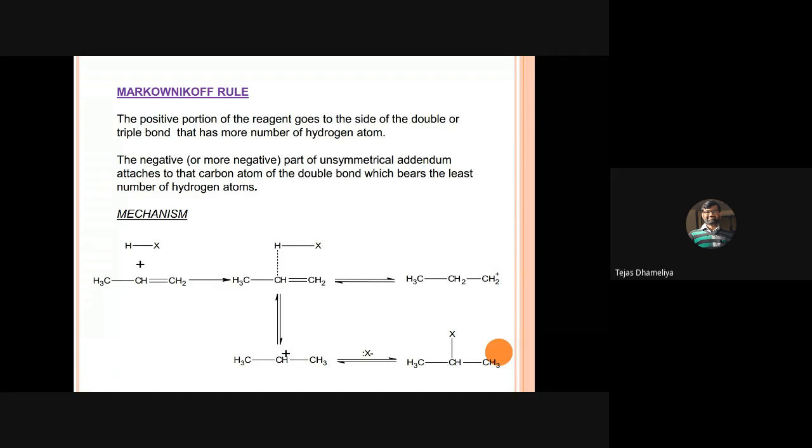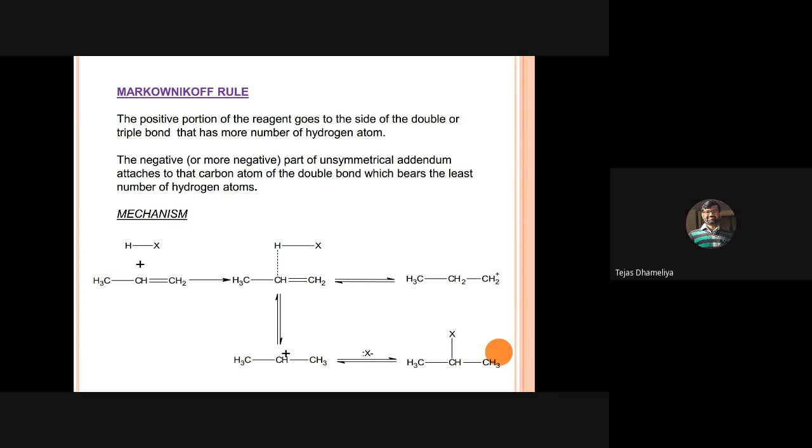Once an asymmetrical or unsymmetrical alkene is reacting with asymmetrical hydrogen halides, there is a lot of chance of a problem, which is called regioselectivity. So we discussed chemoselectivity under nucleophilic addition. We are discussing regioselectivity here in the Markovnikov rule.